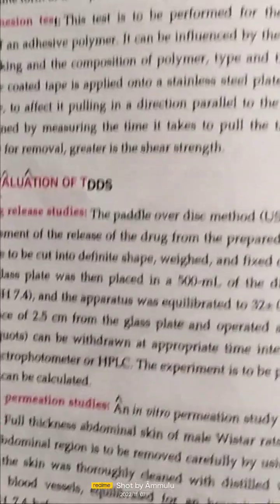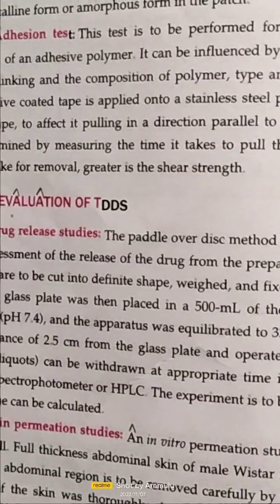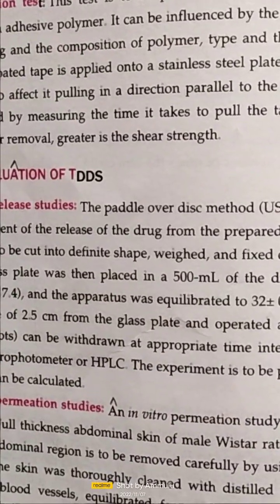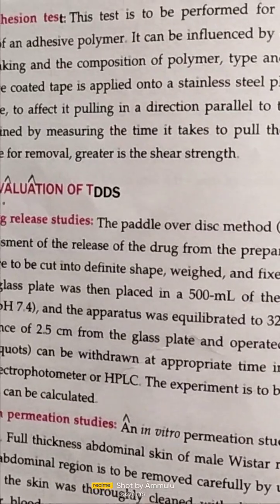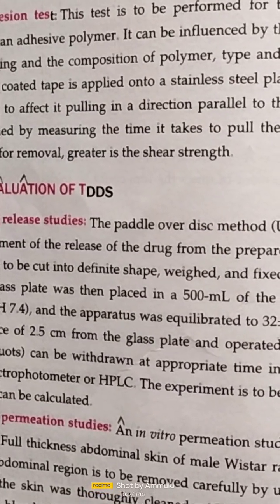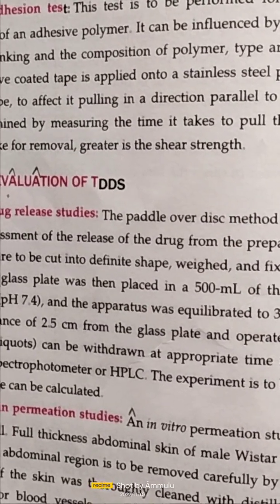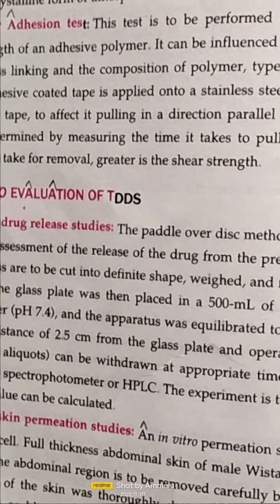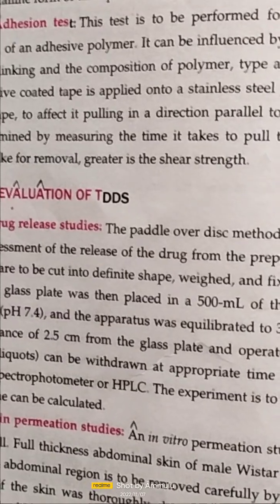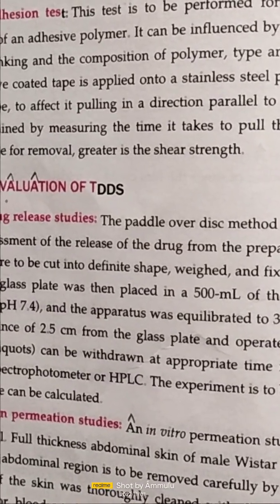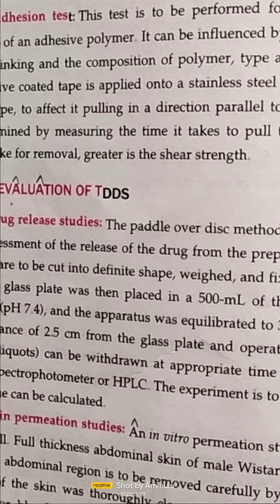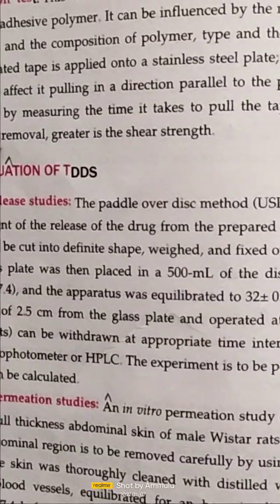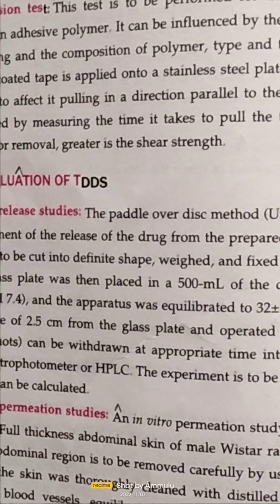Okay, another study is also there, that is the skin irritation study. This skin irritation study is performed on healthy rabbits, with an average weight of around 1.5 kg. The dorsal surface of the rabbit is to be cleaned and the hair removed by shaving or by using rectified spirit, and the representative formulations can be applied over the skin.